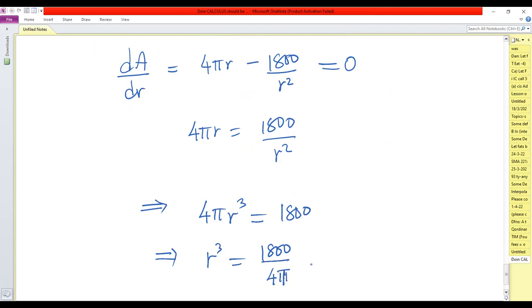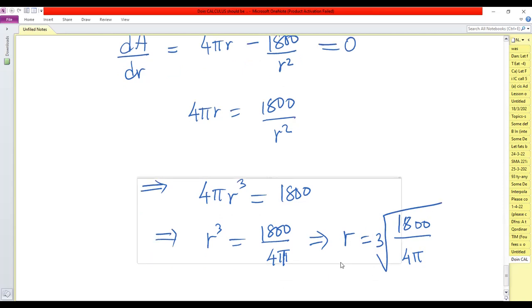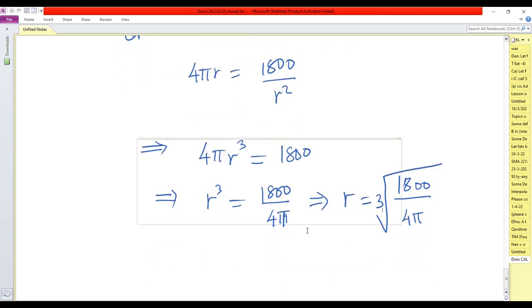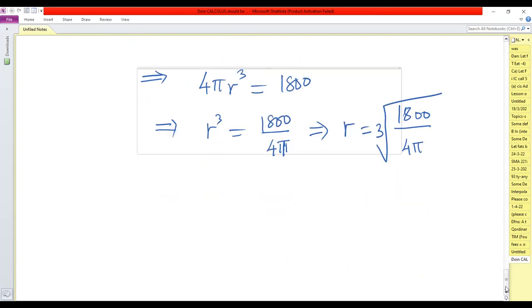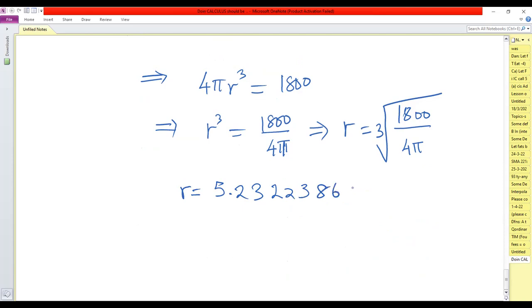To get R alone, we take the cube root on both sides. Evaluating the cube root of the right-hand side, we get R to be 5.23223868 centimeters, centimeters because the volume was given in cubic centimeters. So that is the value of R.